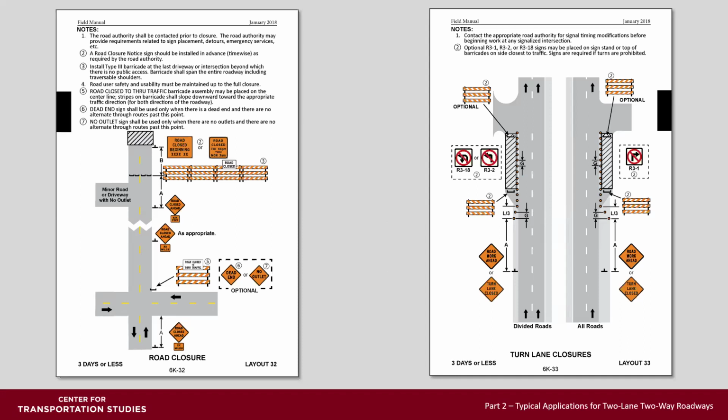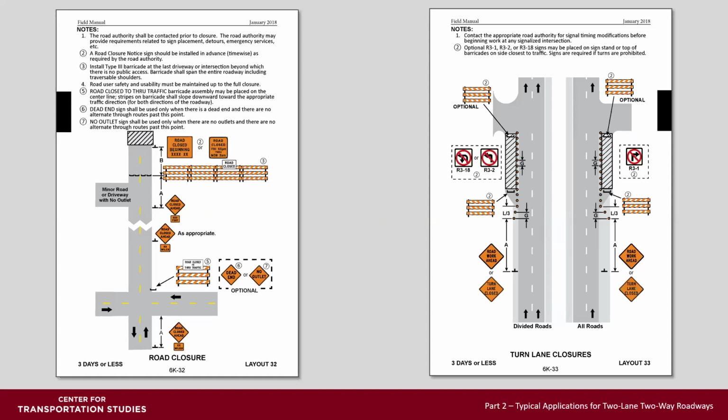Layout 32 is for road closures on a 2-lane, 2-way roadway. Note that a safe and drivable road surface must be maintained up to the point where the roadway is closed. Road closure barricades can be placed on the center line. Make sure that the stripes are slanted in the proper direction of traffic flow.